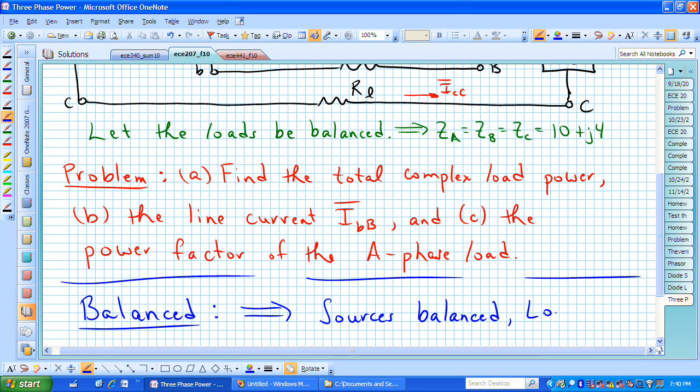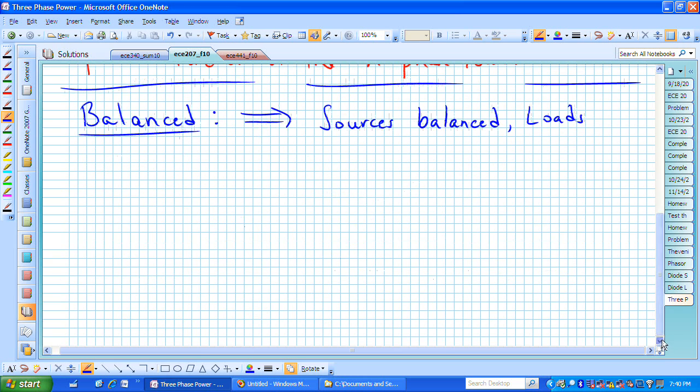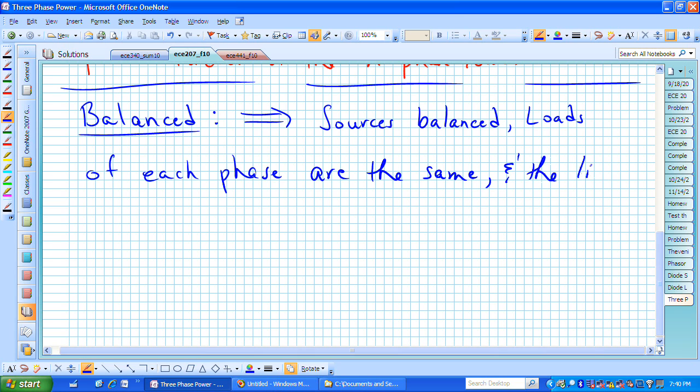Each of the loads, or the loads of each phase, are the same. Again, that's necessary for it to be balanced. And the impedance of each of the lines between the source and the load, those have to be equal.